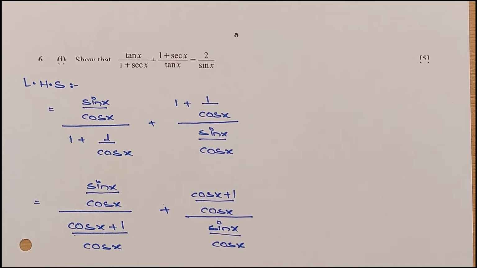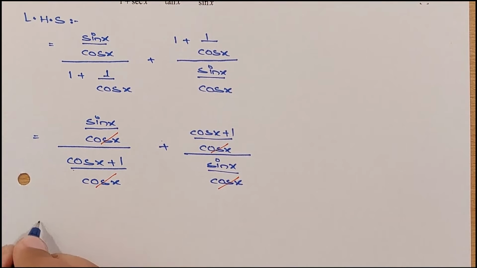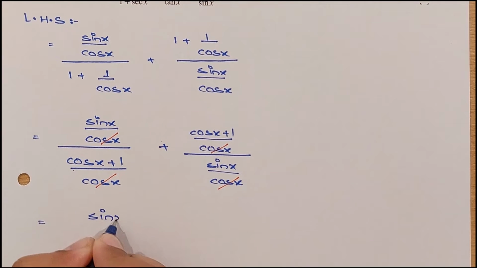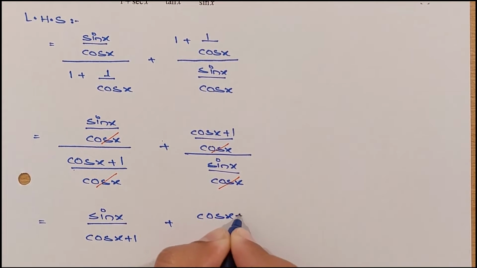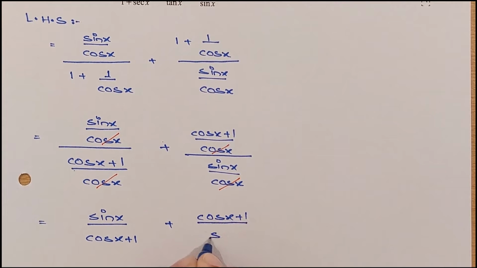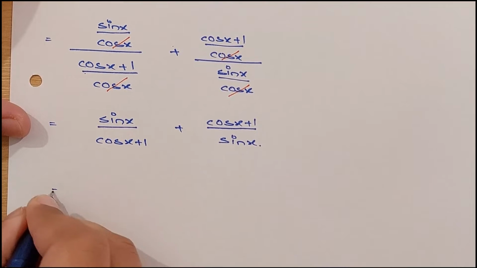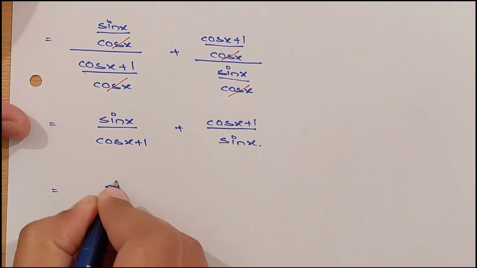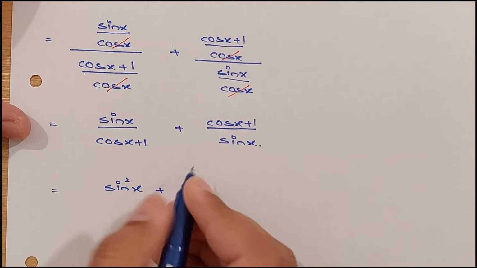So the same denominators are cancelled out. Cos x with cos x. Now we are left with sine x over cos x plus 1, plus cos x plus 1 over sine x. Again, taking LCM by cross multiplication. Sine times sine is sine square x, plus (cos x plus 1) times (cos x plus 1).